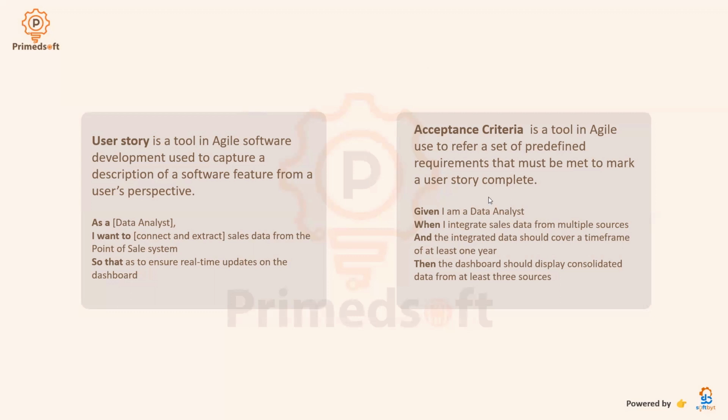The acceptance criteria is also an agile tool. What does it do? It refers to a set of predefined requirements that must be met to make a user story complete. We have done the user story, but there have to be requirements that need to be met so that we can say this user story is complete, and that is acceptance criteria.